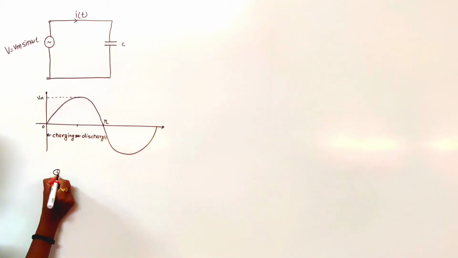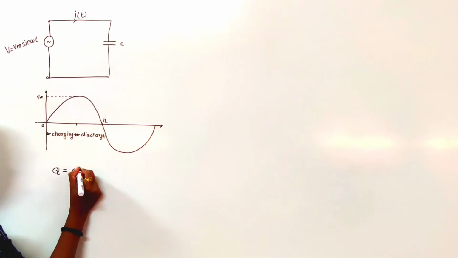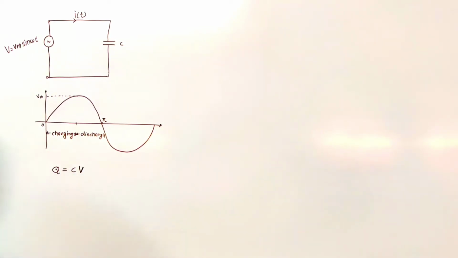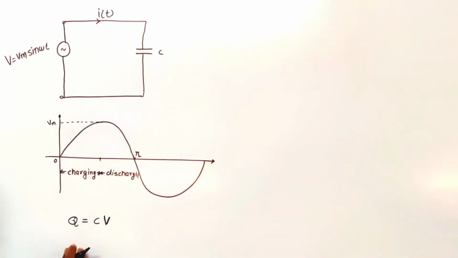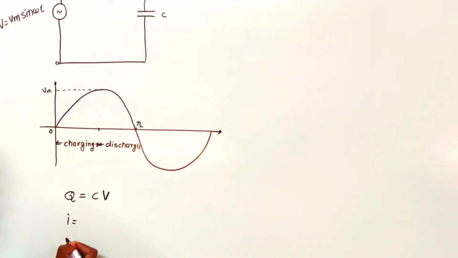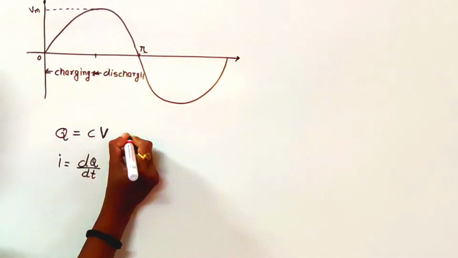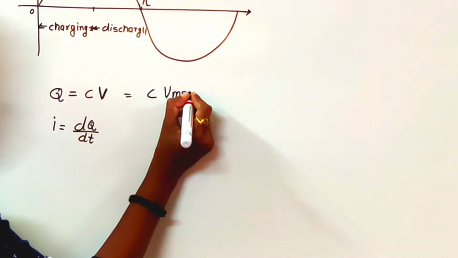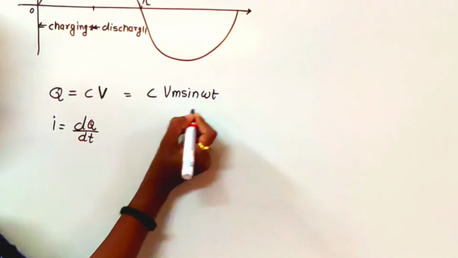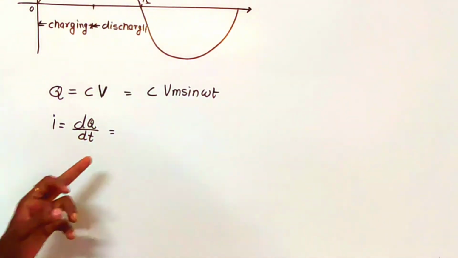So the charge Q is equal to C into the applied voltage V, and the current flowing through the capacitor is the rate of change of Q with respect to t. So i is equal to dq upon dt. V is Vm sin omega t, so Q is C into Vm sin omega t.